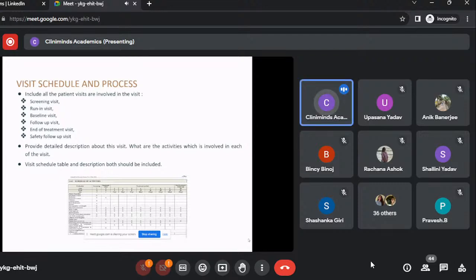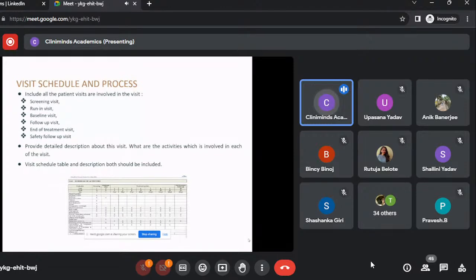When any visit needs to be conducted, that is the timeline related to the visit. Then in each visit, what are the activities that need to be performed? Related information we can see.